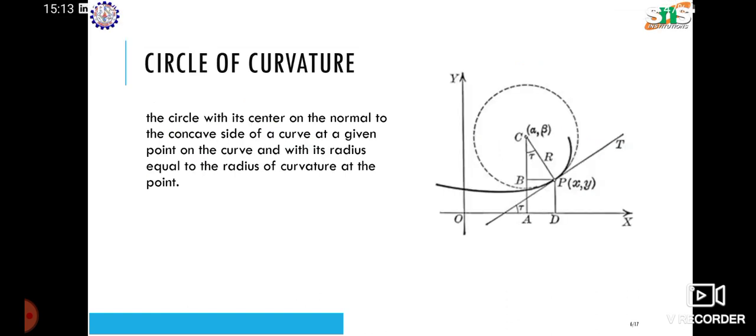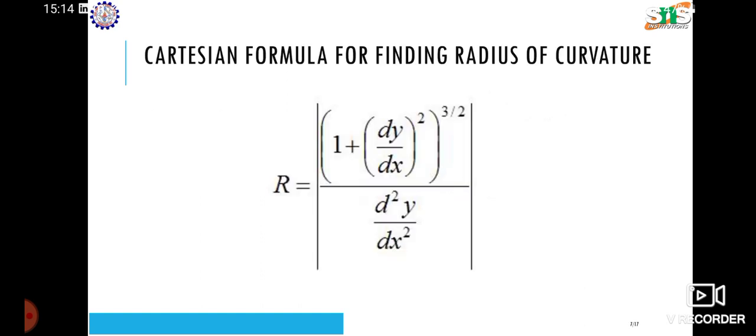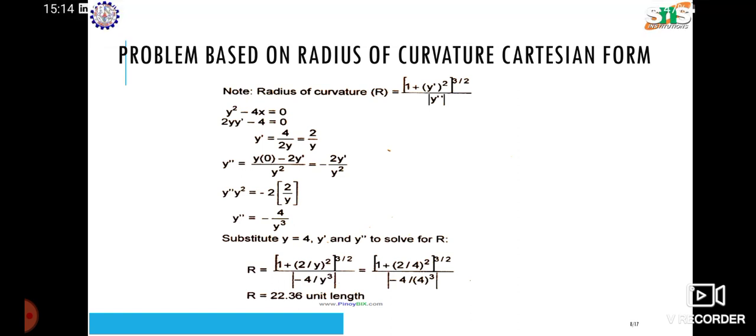Circle of curvature. The circle with its center on the normal to the concave side of a curve at a given point on the curve, and with its radius equal to the radius of curvature at the point. So this is the Cartesian formula for finding radius of curvature. We can simplify this also.